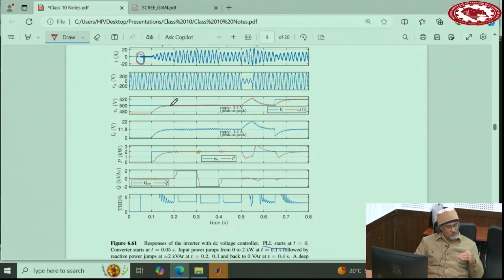So when it's not feeding any current, it's at the lower value of the voltage, which is 475. And then when it feeds full power, it will go to 500. And the current now goes to the rated current here. And then you can check reactive power, positive and negative, which looks like it's responding very well, very smoothly.